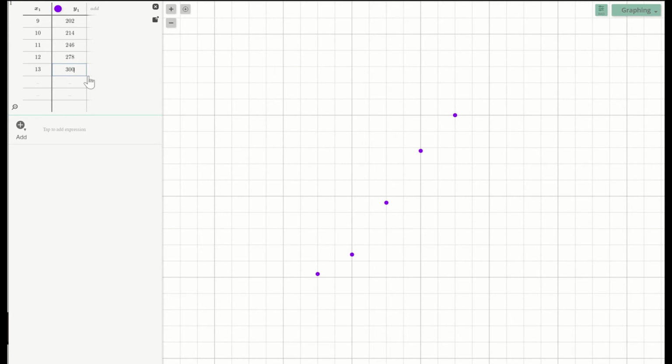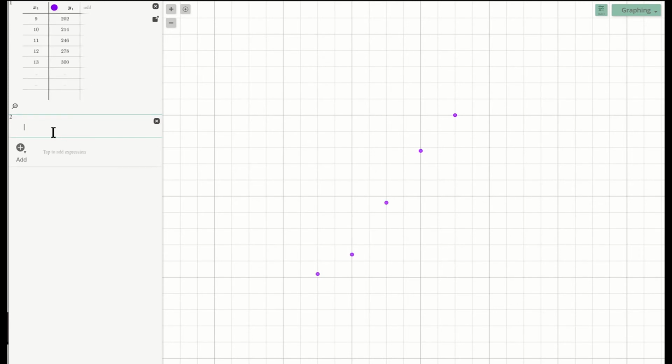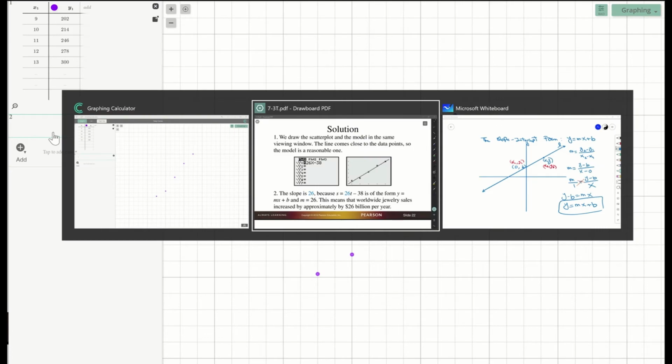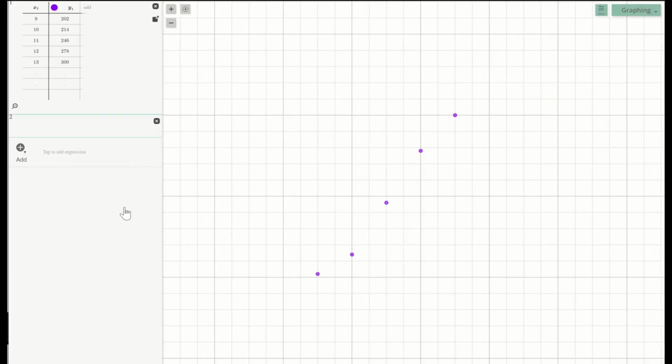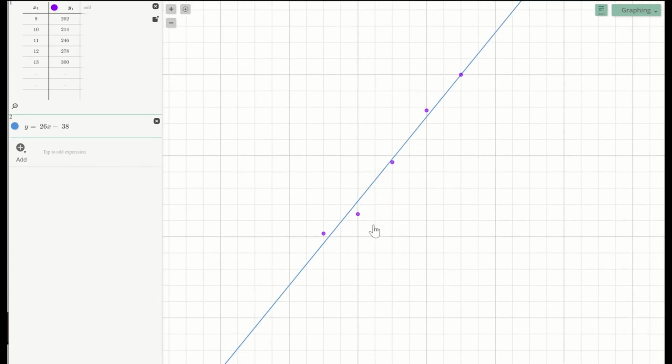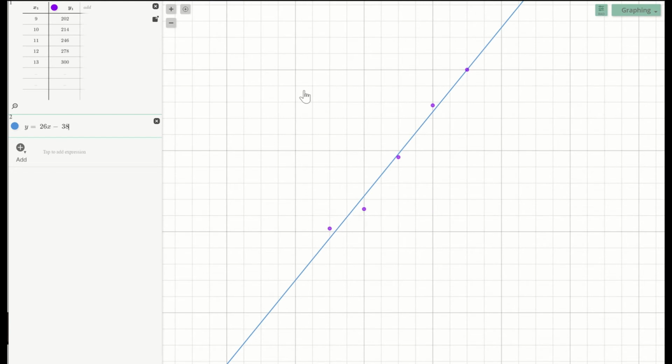And then if we go ahead and graph the line, which if you recall was, let's take a look at it again, y equals 26x minus 38. Okay, and we can see that definitely the line comes very close to the scatter plot.